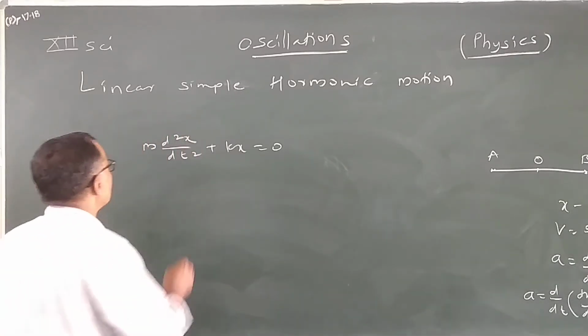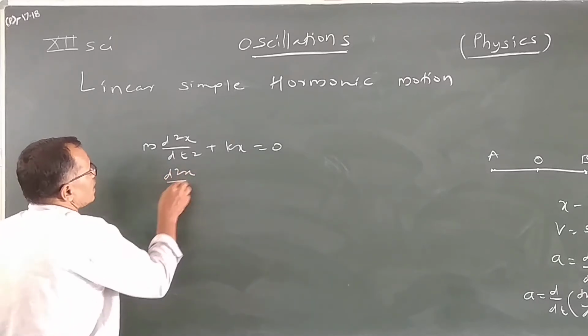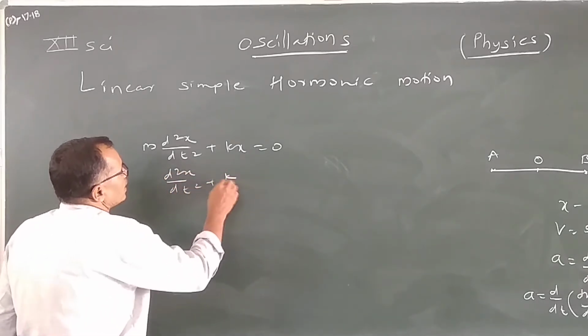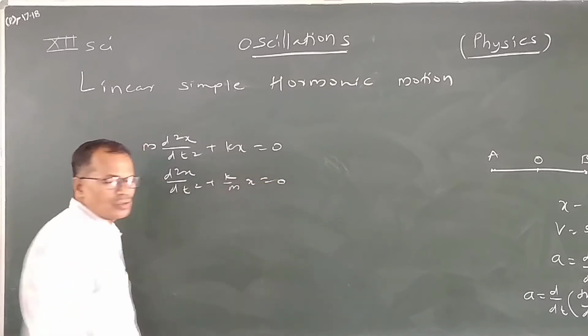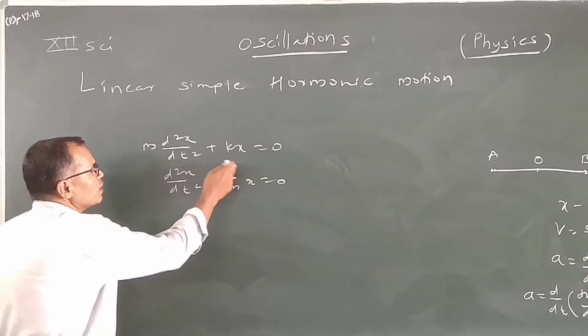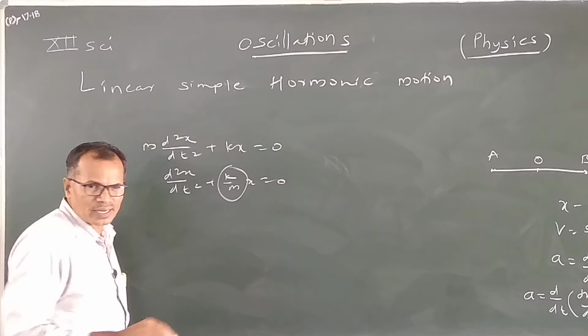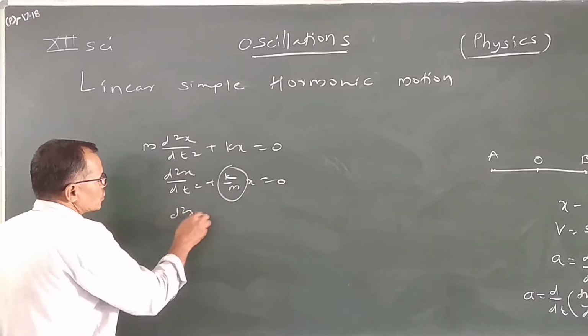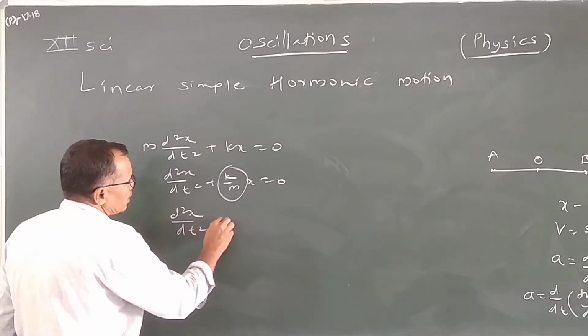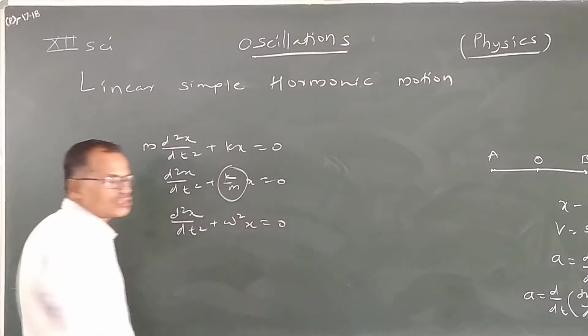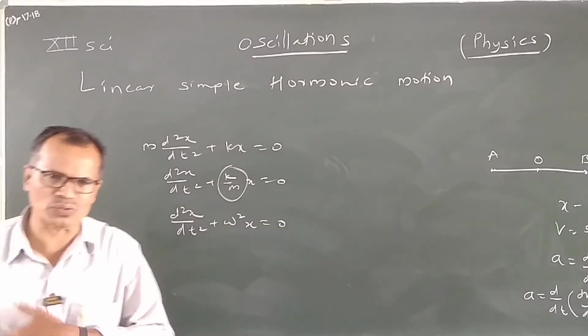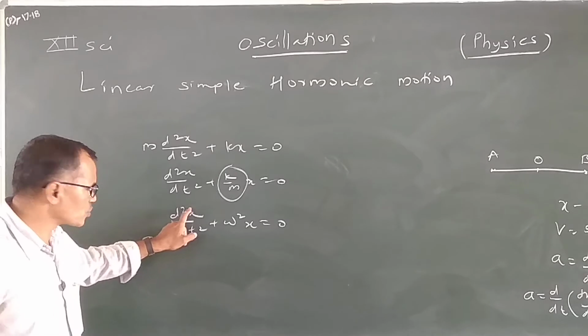Further we can write that d square x upon dt square plus k by m x equal to 0. Again we can put k by m is equal to omega square. So it will become d square x upon dt square plus omega square x is equal to 0. But we know what is meant by d square x upon dt square.